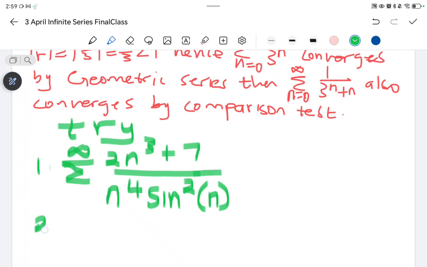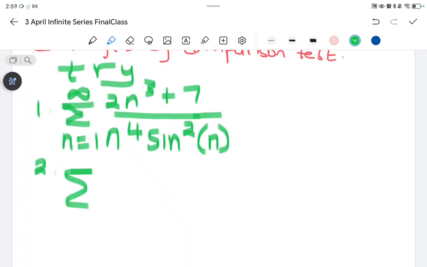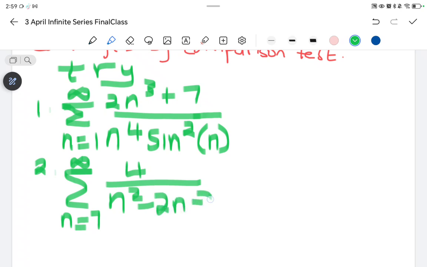The second one that we have is the summation until infinity of n equals 2 of 7 4 over 1 squared minus 2n minus 3.